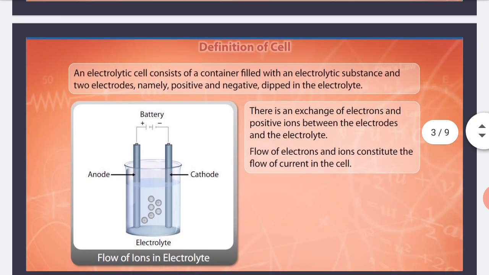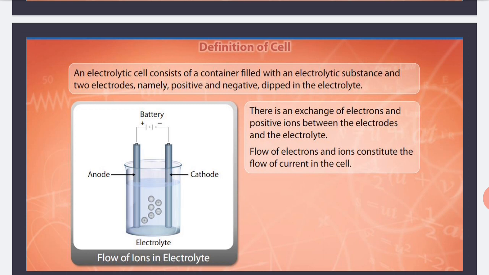Now, the definition of a cell. An electrolytic cell consists of a container filled with an electrolytic substance and two electrodes, namely positive and negative, dipped in the electrolyte. As you see in the figure, there are two electrodes, one is the anode and one is the cathode.